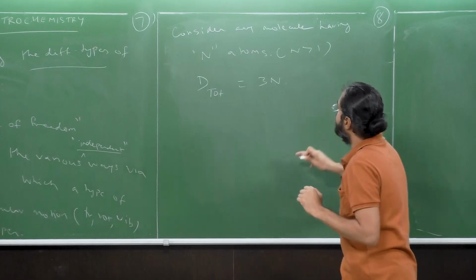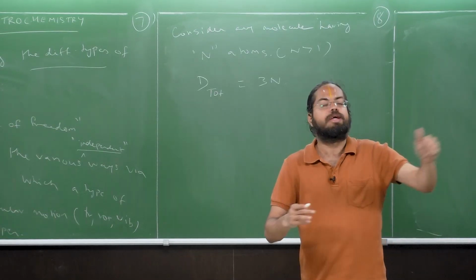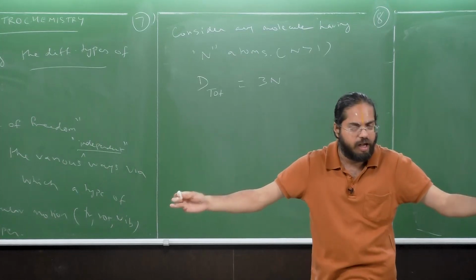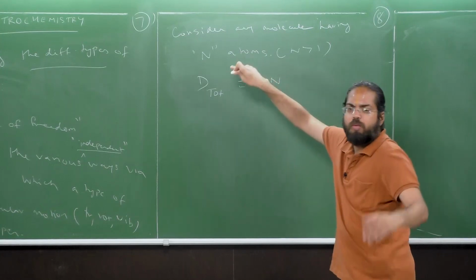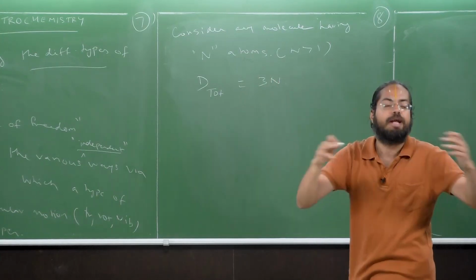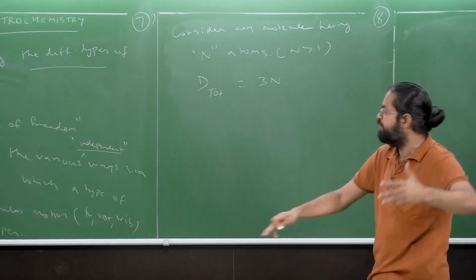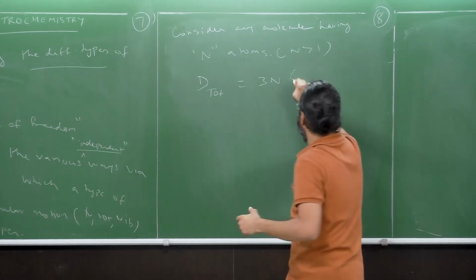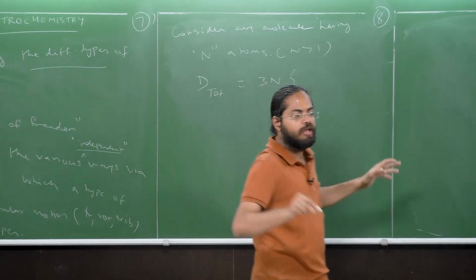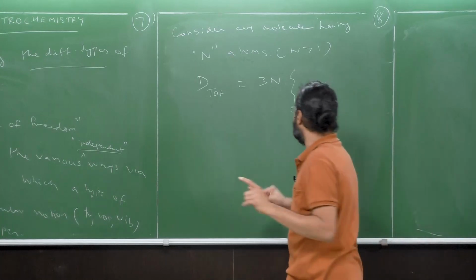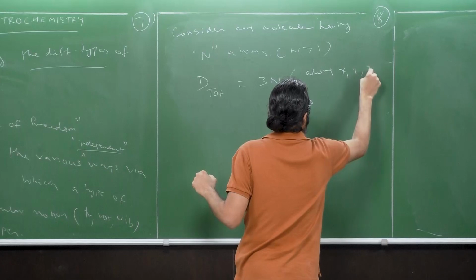The point is, because we live in a 3-dimensional world, in the space surrounding us, each atom in the molecule can move independently only along 3 different perpendicular directions if we consider the Cartesian coordinate system. So the total degrees of freedom for the molecule, considering all types of motions, is going to be 3n, along x, y, and z, for example.